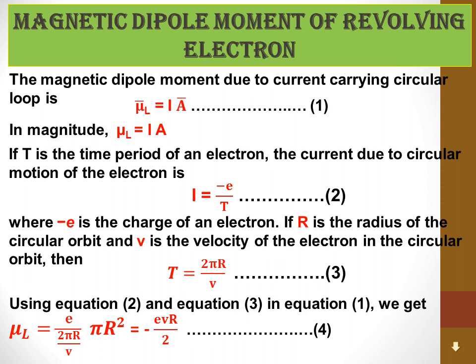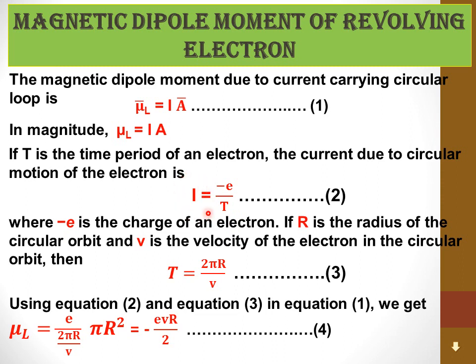Now, using equation 2 and equation 3, substituting these two values in equation number 1, we get mu L equals e divided by 2 pi R by v. That means we substitute 2 pi R by v instead of the T in equation number 2.